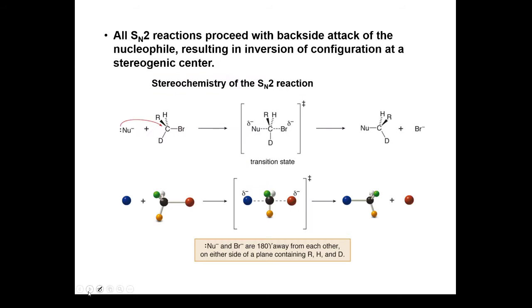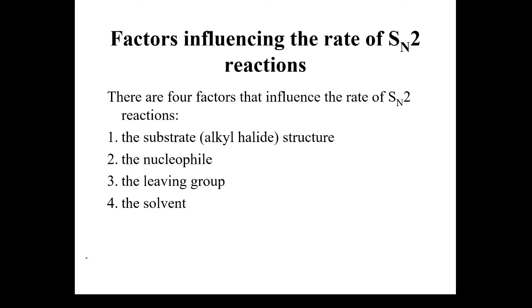So how about SN2 reactions? All right, so here's our influence. The substrate, primary is the best, or methyl. My nucleophile needs to be good. My leaving group can be just okay. An aprotic solvent will be all right.